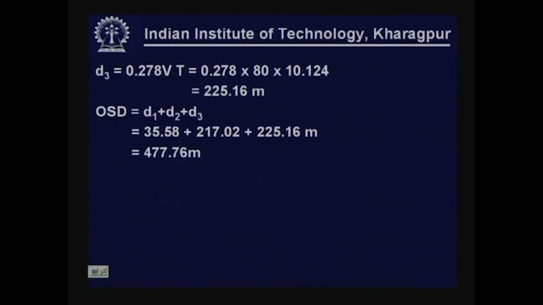So, therefore, the required overtaking sight distance is d1 plus d2 plus d3. In this case, the total is 477.76 meter. So, that is the required overtaking sight distance for this case.